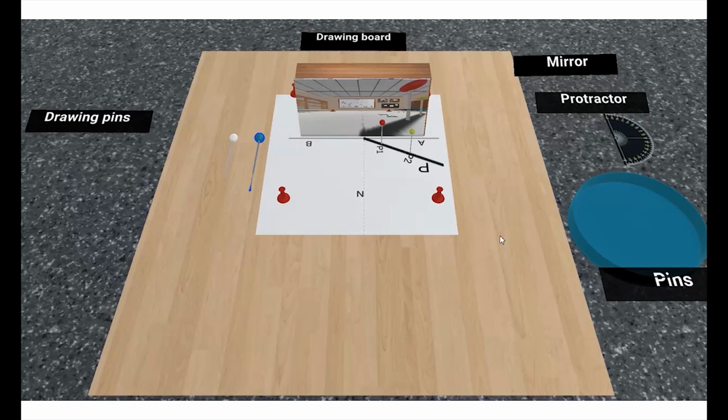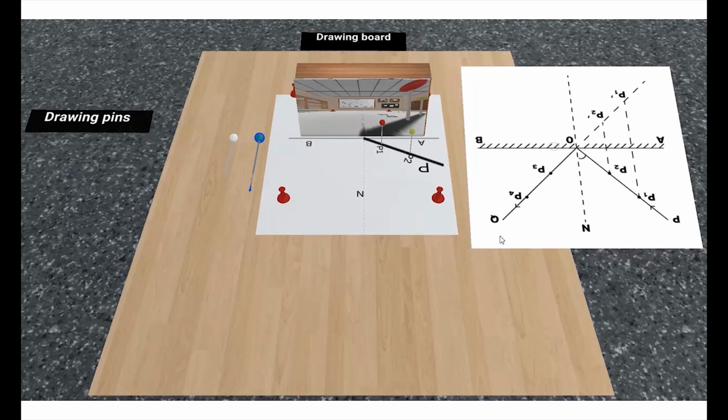Observe these images which appear on the other side of the normal. Images can be shown as imaginary points P1' and P2' behind the mirror at AB connected by dotted lines as in the figure. The distance from AB to P1 equals the distance from AB to P1' along the dotted line connecting P1 and P1'.